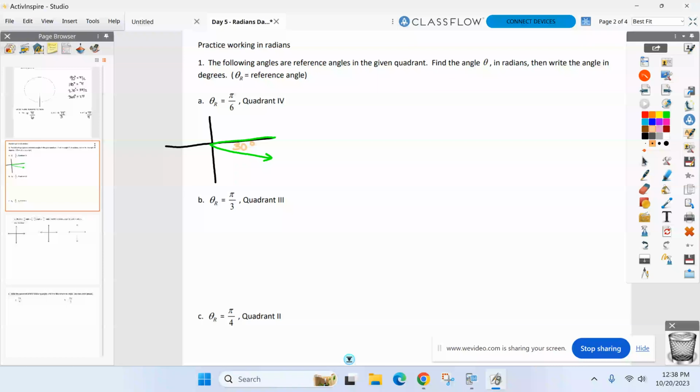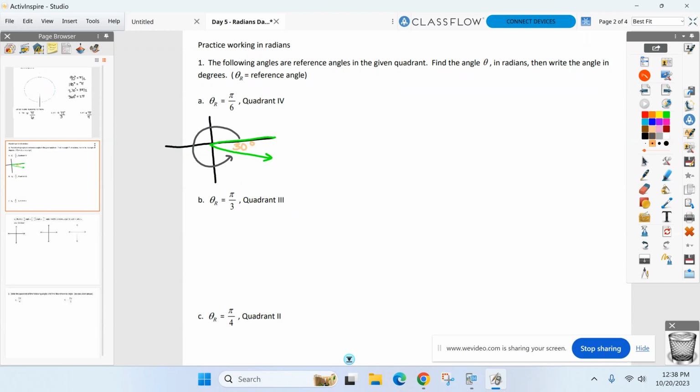What am I looking for? What is that actual angle in quadrant 4? Remember, we're in quadrant 4, so your answer should be between 270 and 360. Talk to me. How can I find this angle?